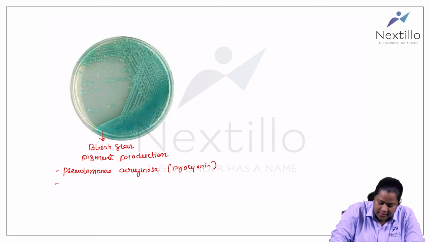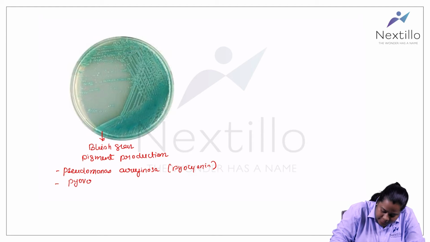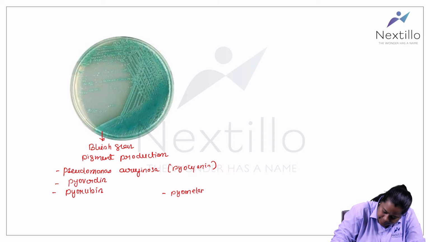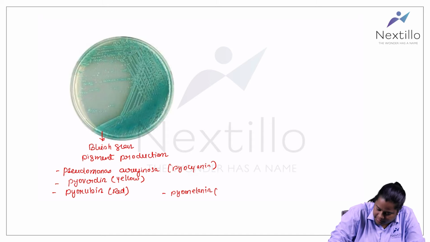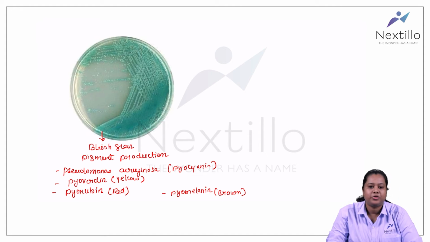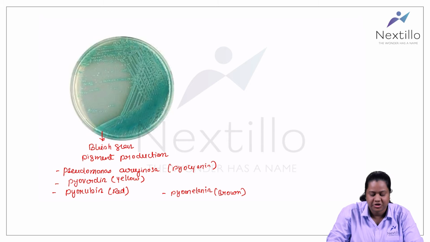One is pyocyanin, pyoverdin, pyorubin and pyomelanin. Verdin is the yellow pigment, rubin is the red pigment and melanin is the brown pigment. So this is about the Pseudomonas aeruginosa pigment production.